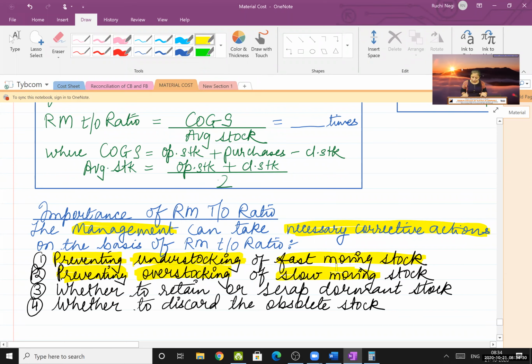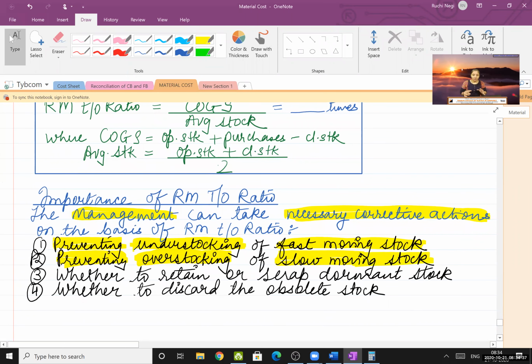Obviously, you will keep its stock level comparatively lesser than the fast moving goods. It means I'm not saying keep less overall, but in comparison to fast moving goods, keep less.